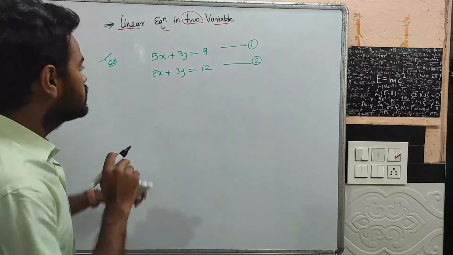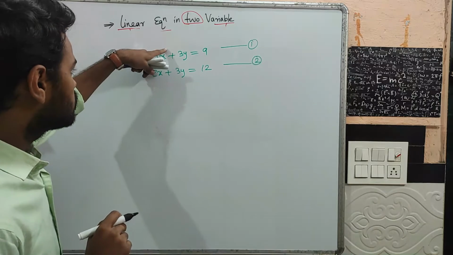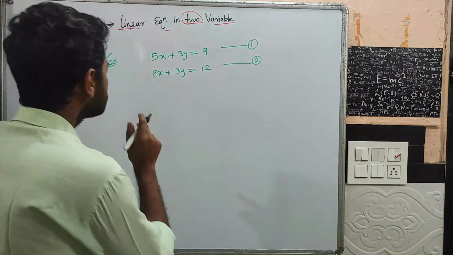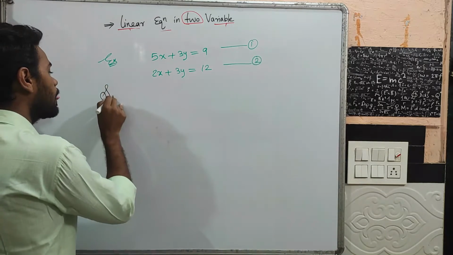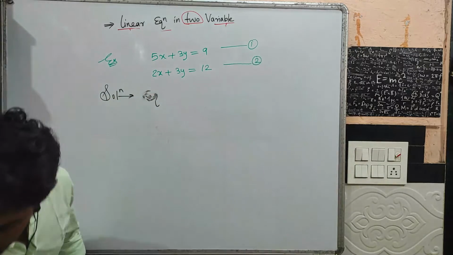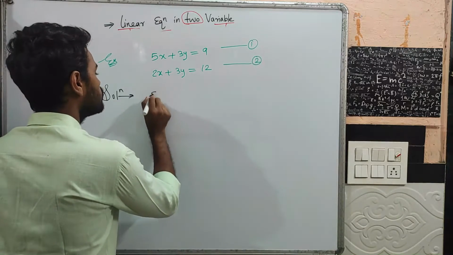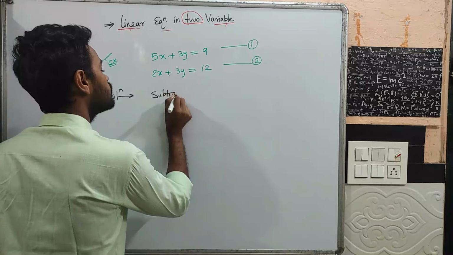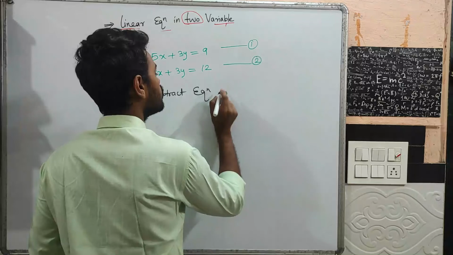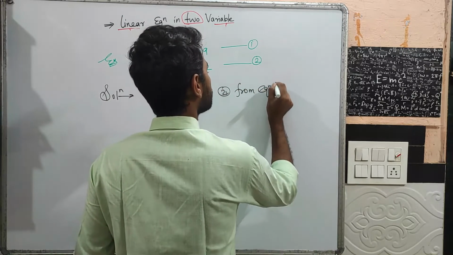Here we can see that the two 3y terms are the same and both are in positive form, so we can subtract equation 2 from equation 1.